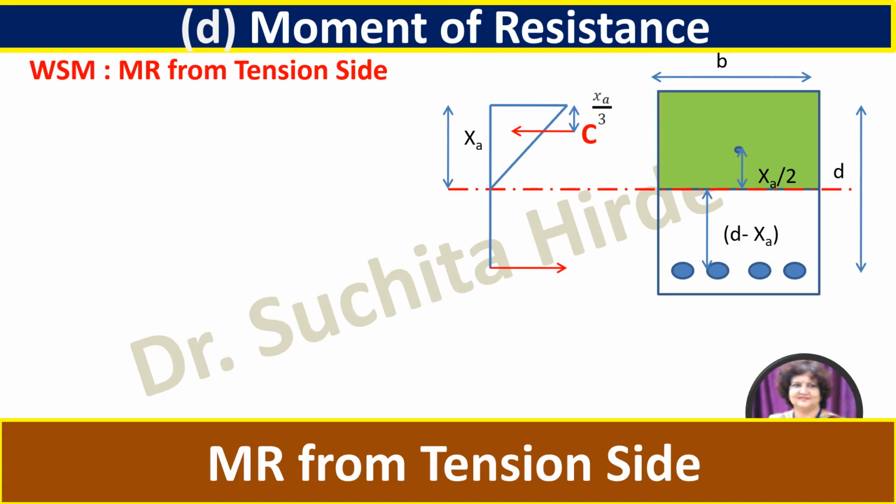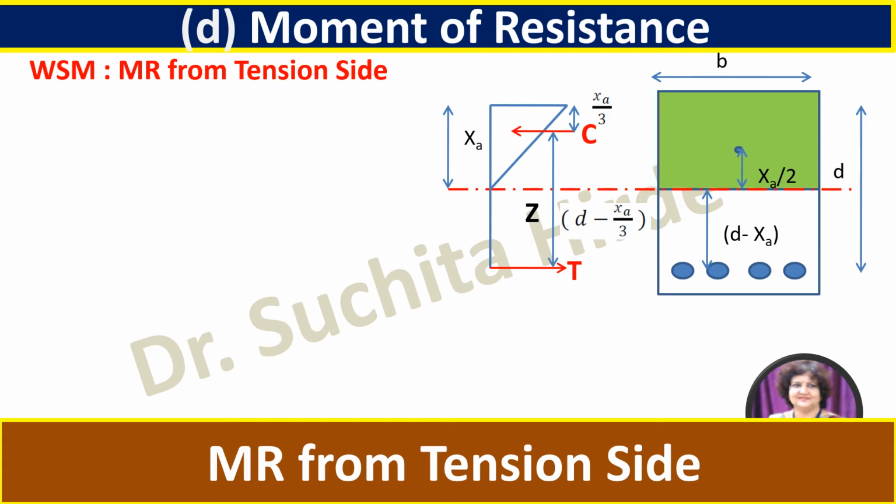Then at the point of reinforcement, the total tensile force will act. The distance between C and T is called Z, which is nothing but the lever arm. The total effective depth is D. So the distance between C and T will be equal to D minus XA by 3.